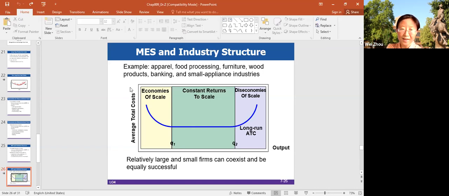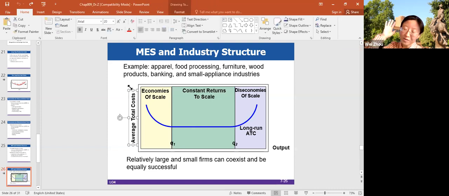Okay, think about that. If our goal is to minimize cost, and I'm just assuming that, then that is the best place I want to produce. However, when you produce more and more and reach Q2, let's say this is 100 bread. I make one bread, the average total cost goes down, 2 bread, 3 bread, 4.